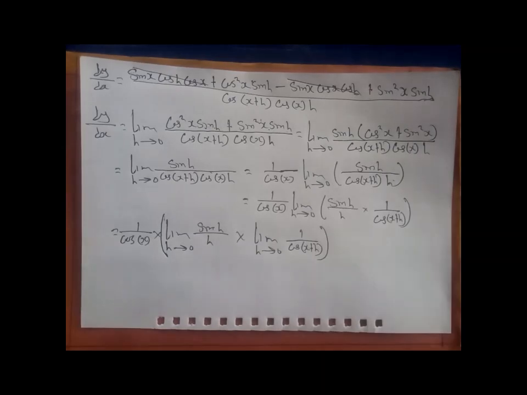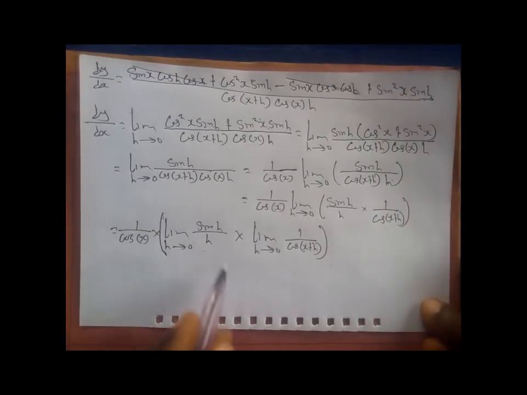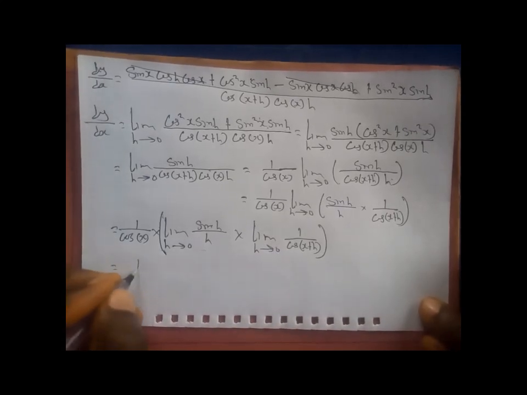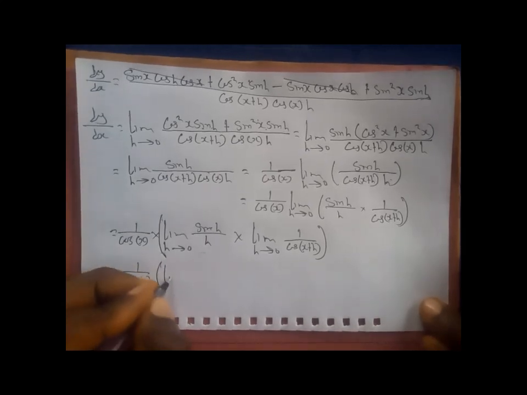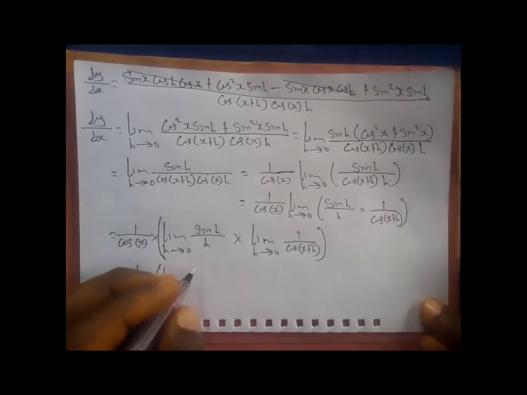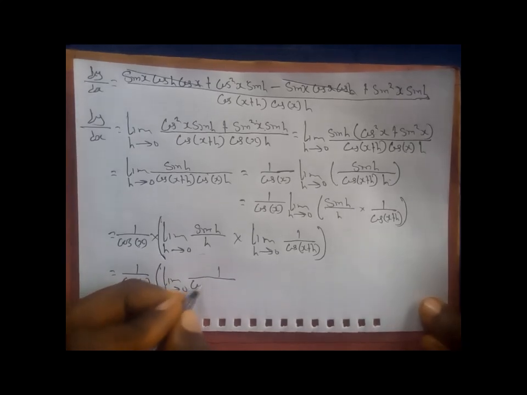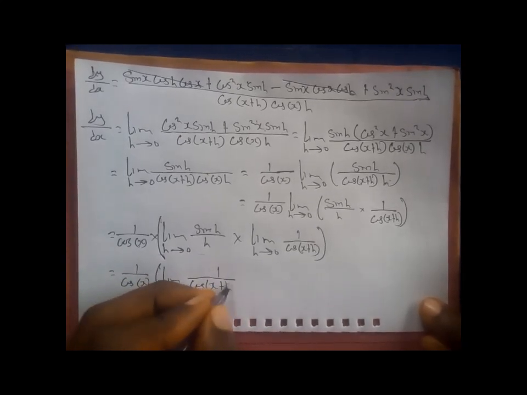Okay, perfect. So if that is the case, this expression entirely becomes 1, and 1 multiplied by this gives us this back. So we have 1 over cos x times the limit as h approaches 0 of 1 divided by cos(x plus h). Perfect.